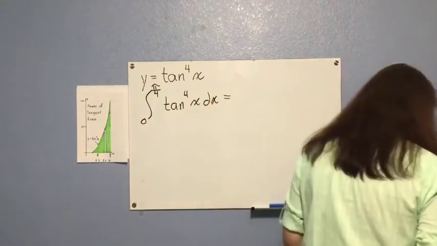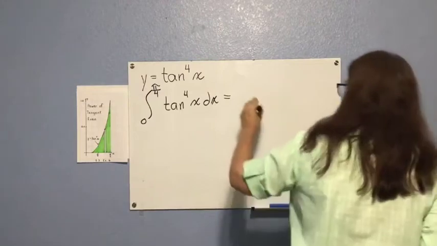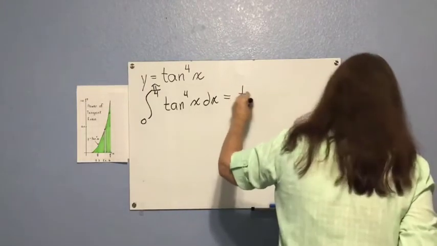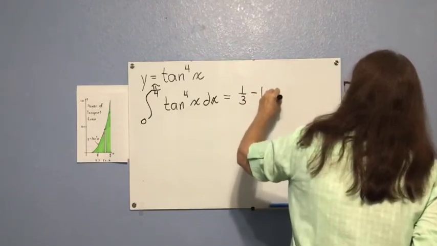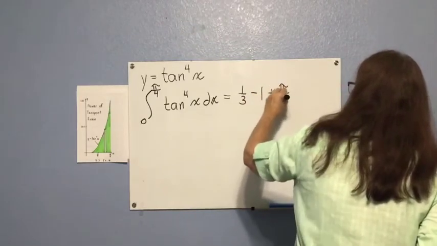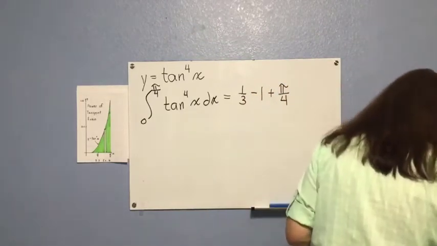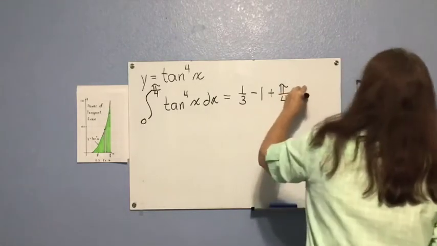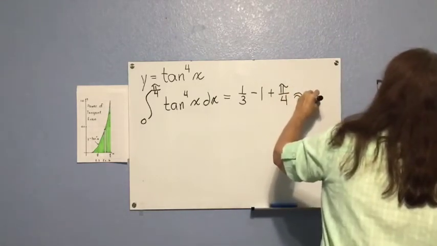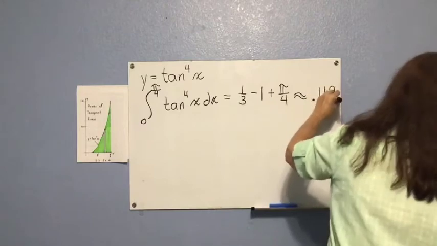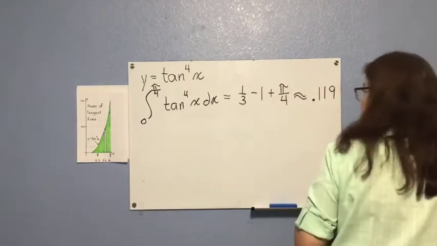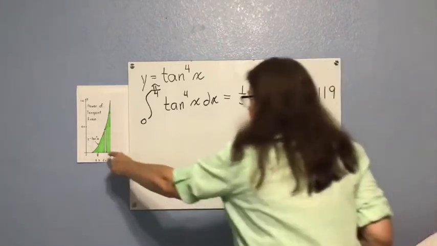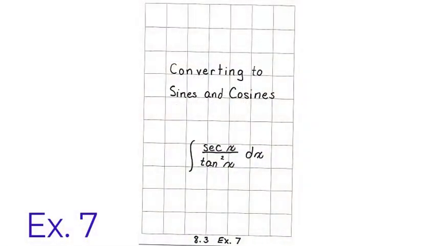So our final result is going to be 1/3 minus 1 plus pi over 4, which is approximately equal to 0.119, which would be the area under this curve.